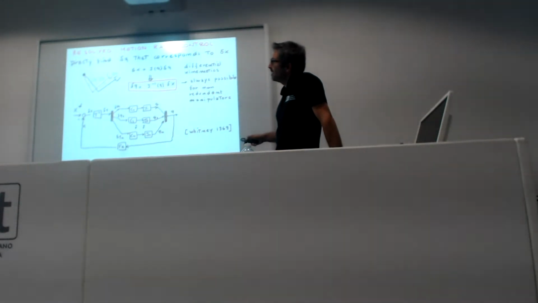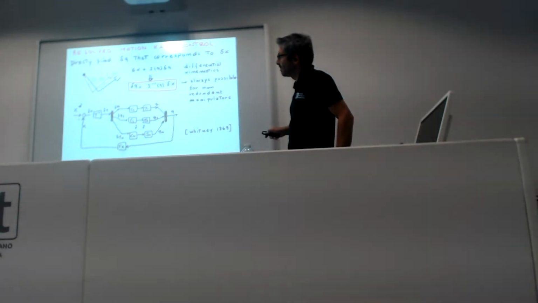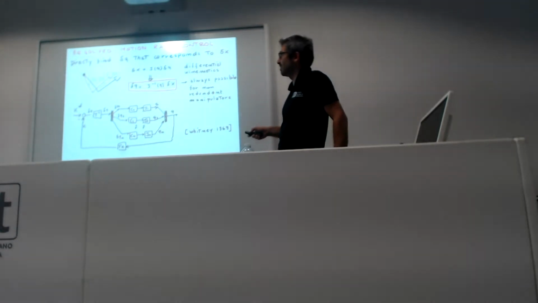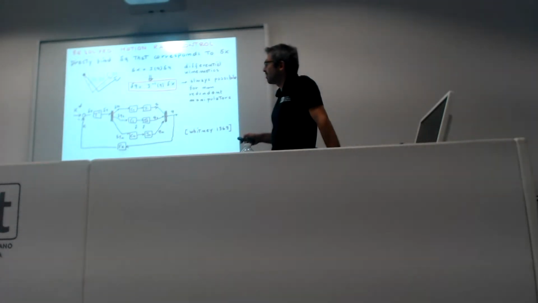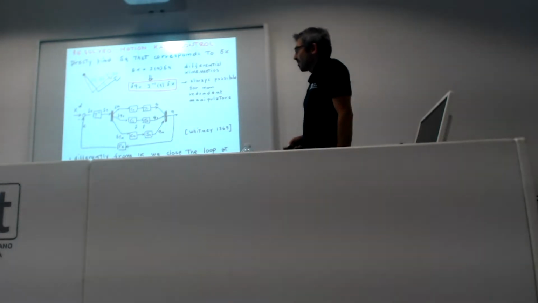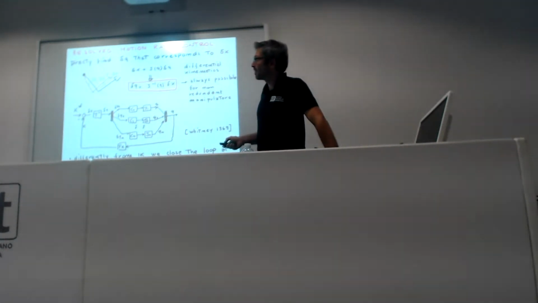And then we close the loop on the delta q. Here the q value that should be summed up is missing, but in essence, it's very simple. And as I said, different from the inverse kinematics, this time we close the loop at the end effector.